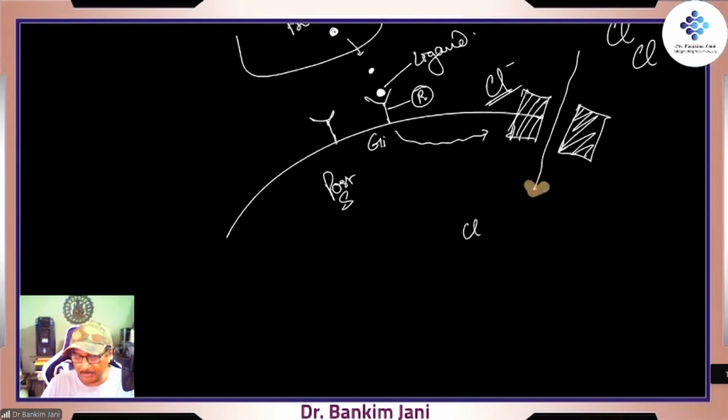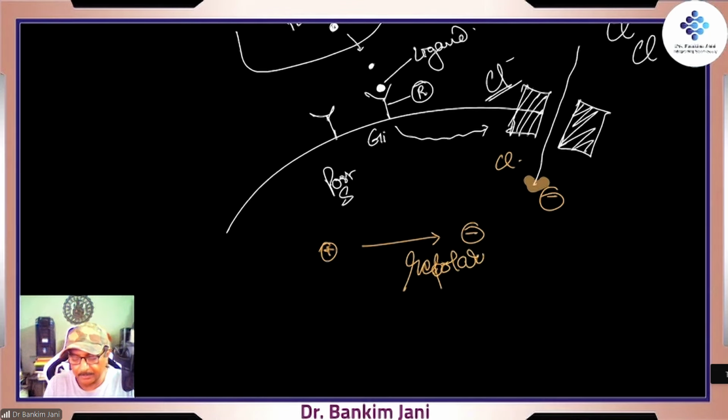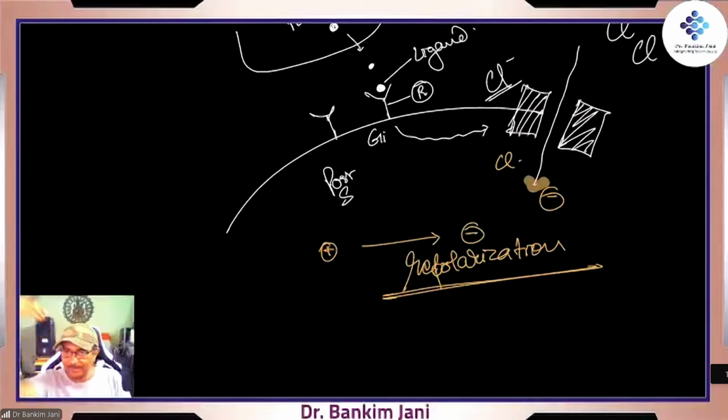When the cell is becoming more electronegative, negatives are coming from outside, so the cell will be more negative. From positive to negative, and this is called repolarization. When negative ions come in, they will dampen the stimulus, because the cell becomes excited when it becomes positive.